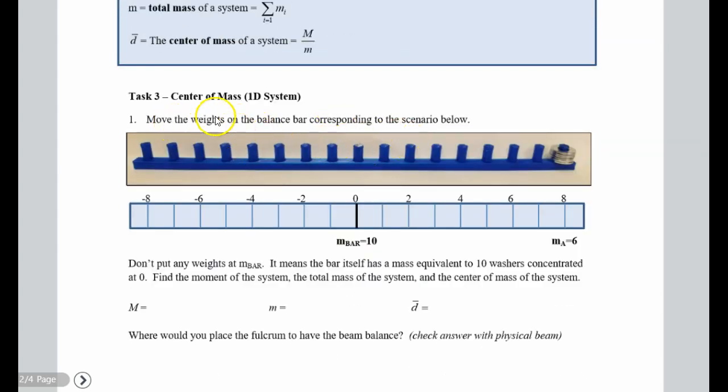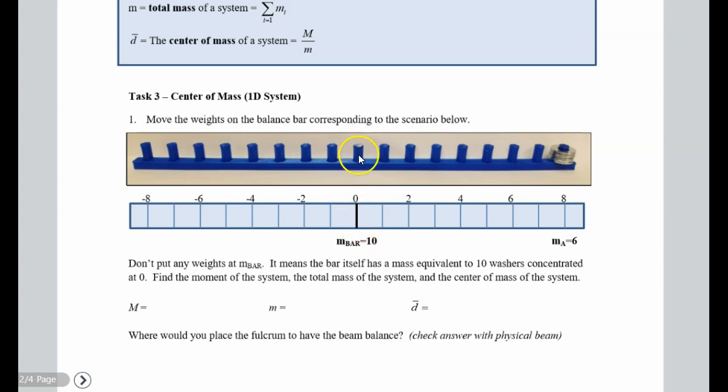So what we're going to try for this first scenario is we're going to take off our fulcrum and put some weights according to this scenario here. So we're going to put 6 weights, 6 washers, all the way on the end at a distance 8. The mass of the bar is roughly 10 washers, so maybe slightly off from that, but it should be pretty close.